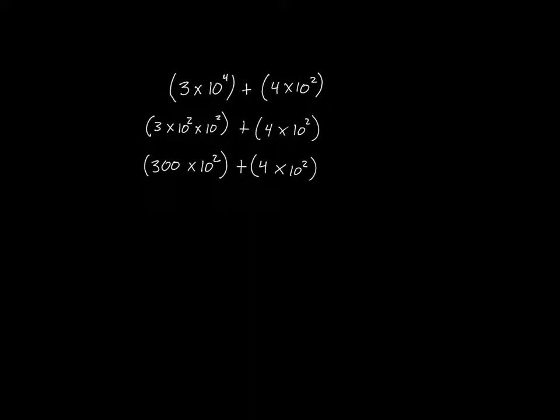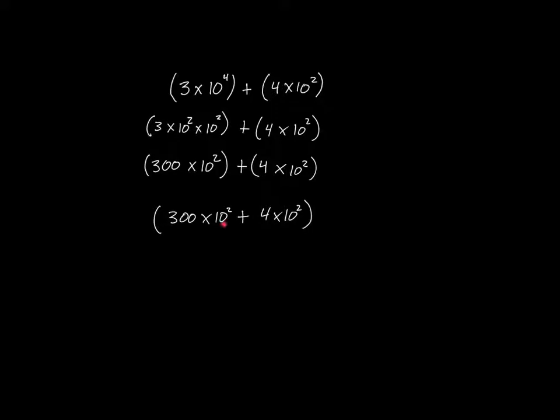Now that we have that, we're actually going to use a factoring rule. As you can tell, both of them have a 10 to the 2nd in common. So what I'm going to do is I'm going to remove the 10 to the 2nd power. So I'm going to rewrite this first. 300 times 10 to the 2nd power plus 4 times 10 to the 2nd power.